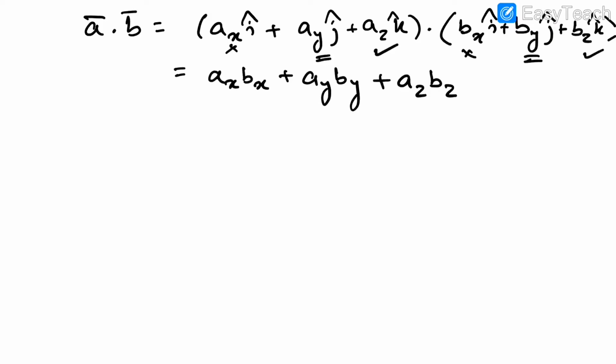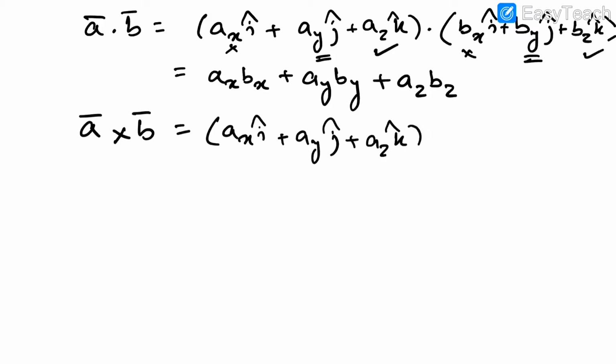So in Cartesian terms, what will be the cross product of a cross b? What will be that? axi plus ayj plus azk cross product bxi plus byj plus bzk. You can individually do the cross product, right? How?